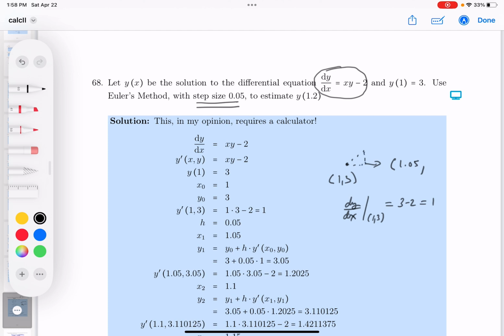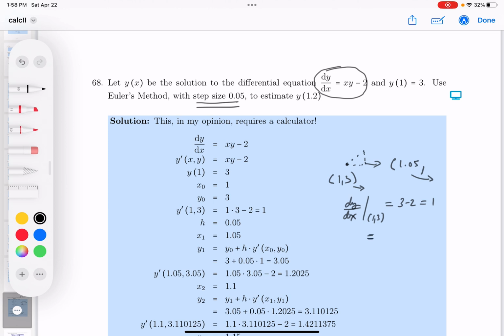So let's write that down. By the way, this is my initial point. This is my second point, and we'll look at the key later, all right? So let's get the y now. How do you get the y? Well, the y is going to be equal to, let's be careful about this.